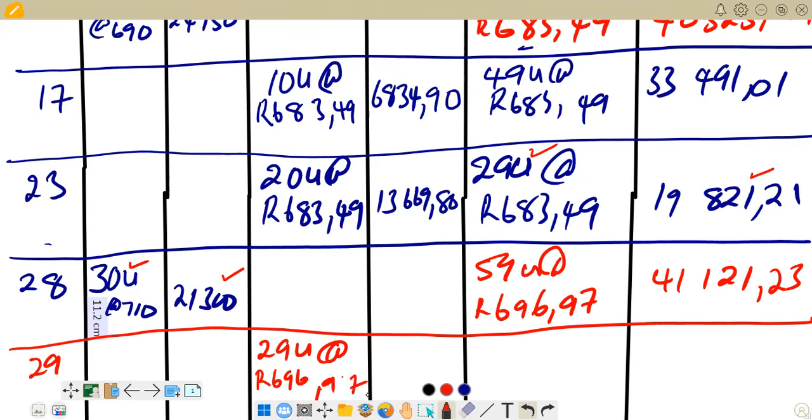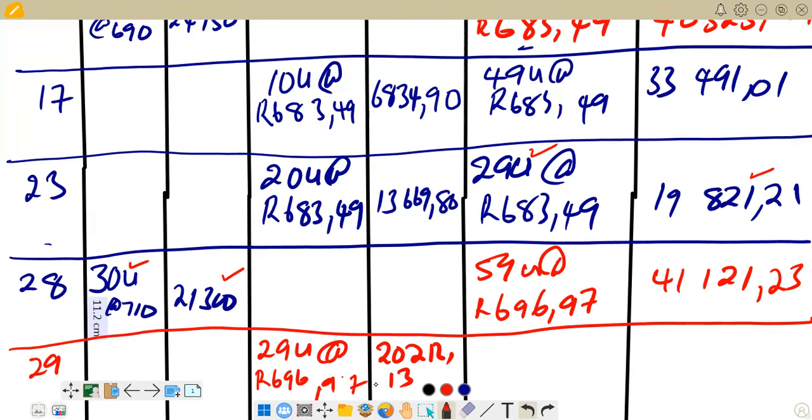So these are the units that were issued. To get the value here, we are saying 29 times 696.97. Then the value that you get here is 20,212.13. So this is what we have.